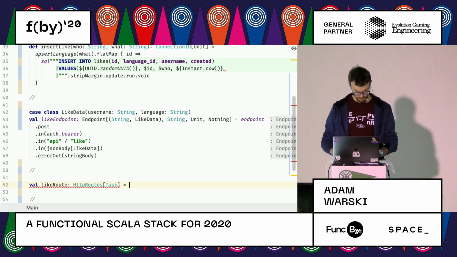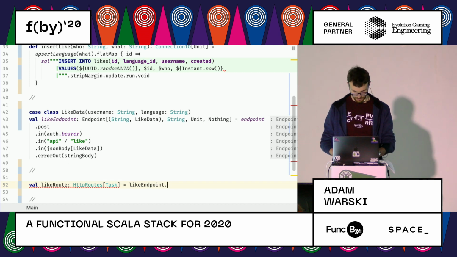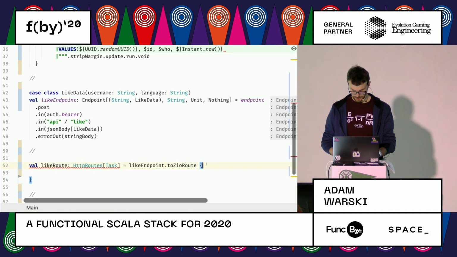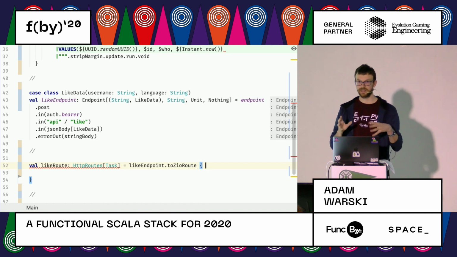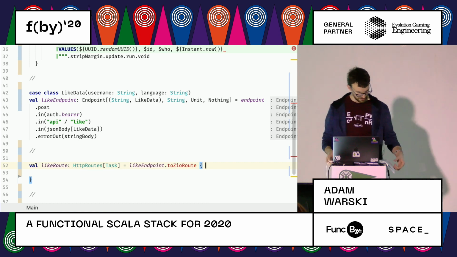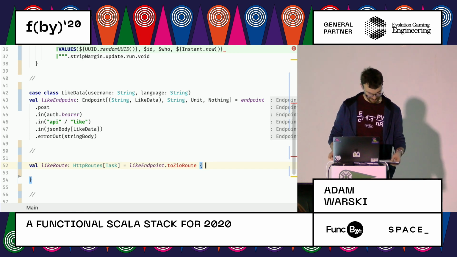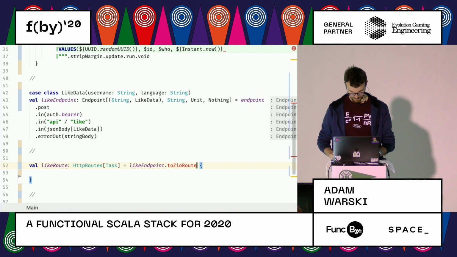So we are going to take the endpoint and use the toZIORoute extension method. The toZIORoute knows how to interpret. It's like an interpreter which takes the data structure describing the endpoint and converts it into an HTTP4S endpoint.